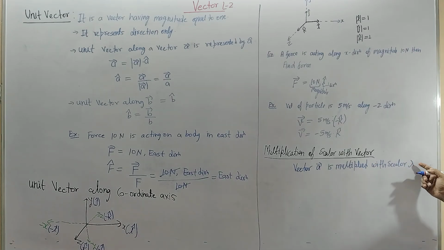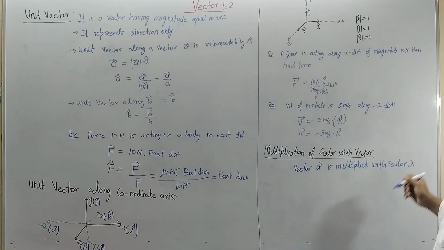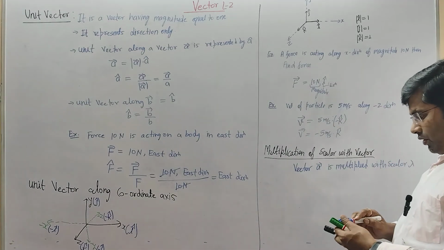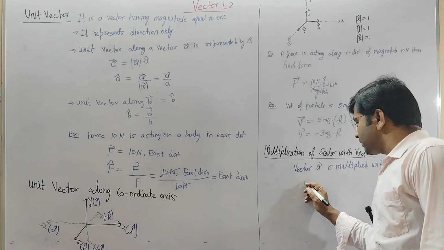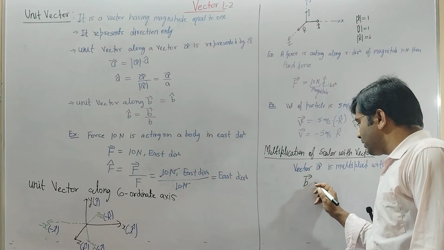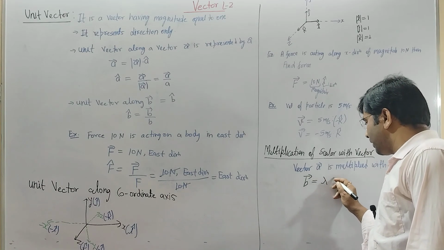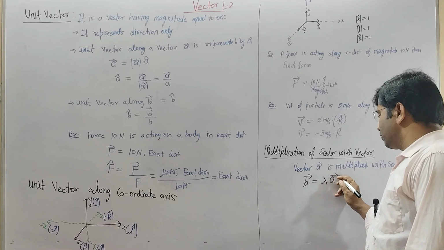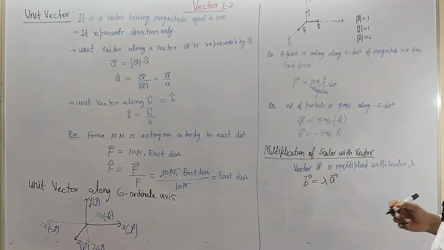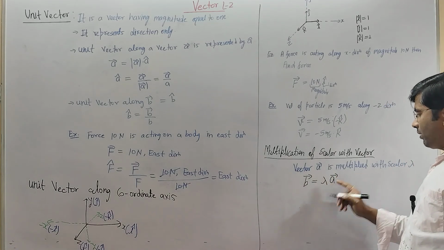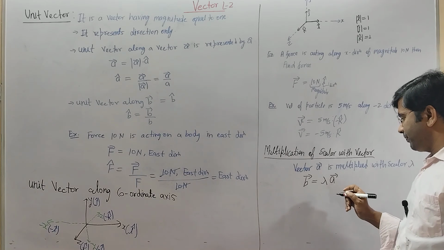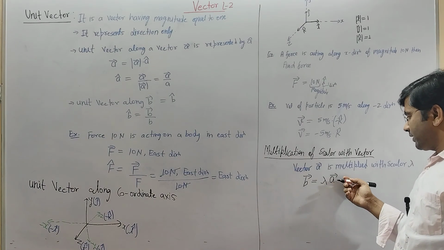Lambda is a scalar, means only magnitude. Okay, so if I am multiplying here, after multiplication, let me say that I am getting another vector b equal to lambda into a. Okay, so this is a scalar. So what will happen? Always this scalar multiplication will be lambda times vector a.